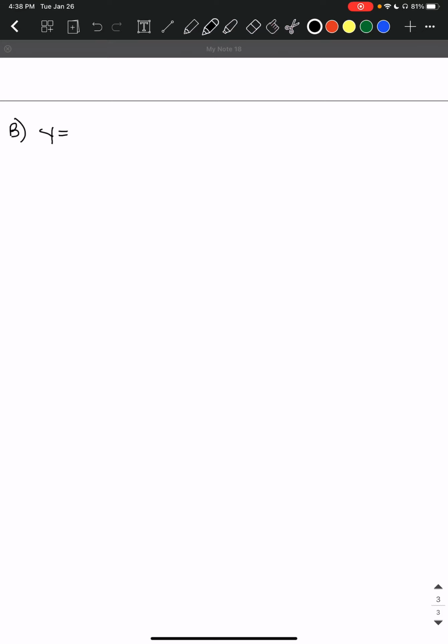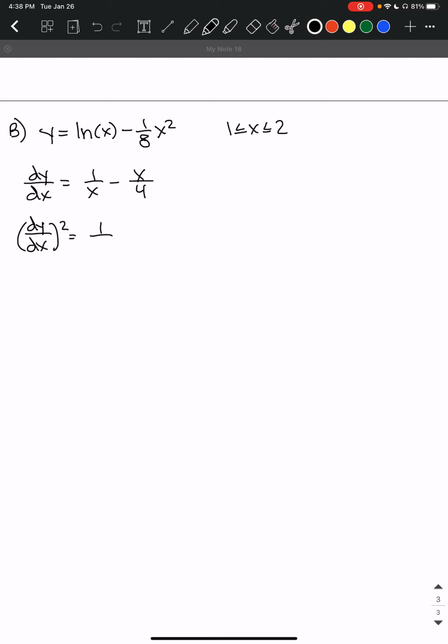Let's do the curve natural log of x minus 1 over 8 x squared, and we're going from 1 to 2. So again, I'm just going to differentiate. I get 1 over x minus x over 4. I square that. I get 1 over x squared minus 2 times 1 over x times x over 4.